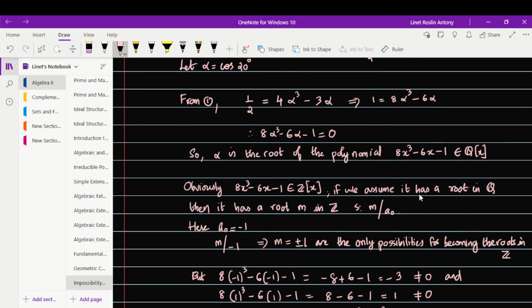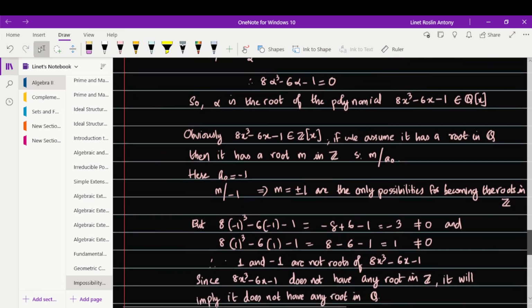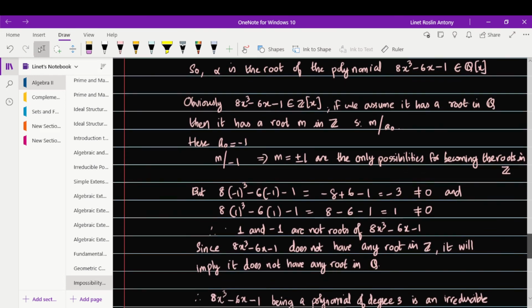So if we are assuming that it has a root in Q, that means the existence of such a root is guaranteed. And this m should divide minus 1, and m is inside Z. So the possibilities for m are plus or minus 1. Now we are going to check whether substituting plus or minus 1 in our polynomial will lead to getting the value 0.